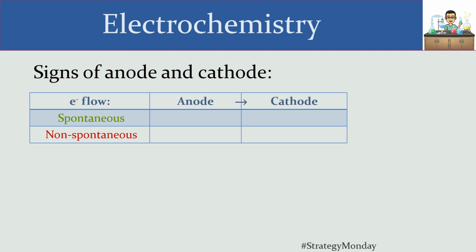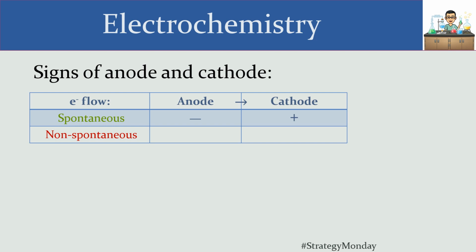If electron flow is always anode to cathode, and electrons are negatively charged, then in a spontaneous reaction, where electrons move there on their own, the cathode needs to have a positive charge in order for electrons to go there willingly. That means the anode is going to have the opposite polarity. So the anode is negative and the cathode is positive in a spontaneous cell.